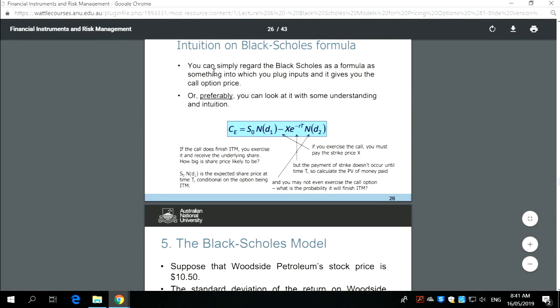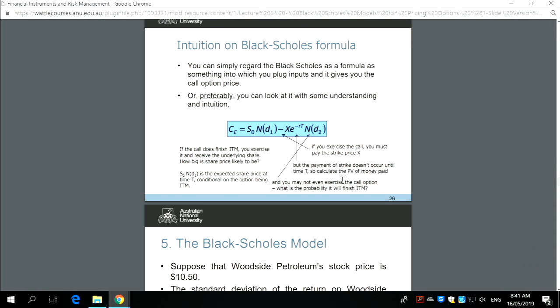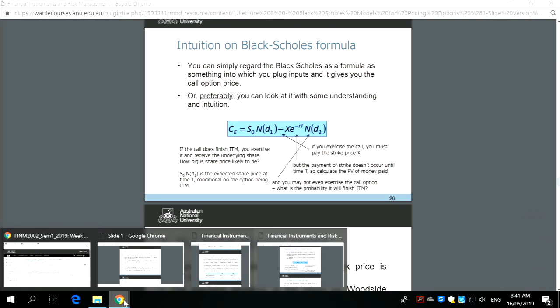So here it is, intuition on the Black-Scholes formula. The way I talked about d2 is: what is the probability? N(d2) tells us the probability that the call option finishes in the money. In other words, N(d2) tells us the probability that the asset price gets above the strike, right?